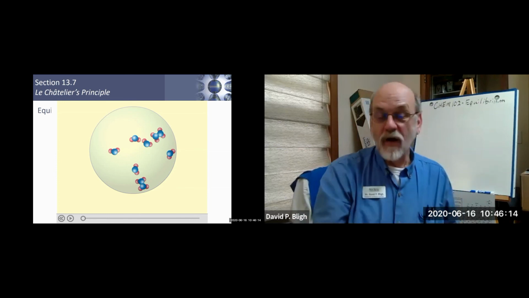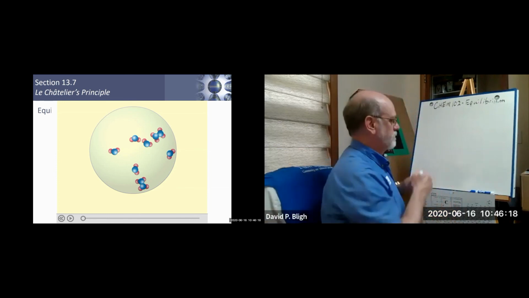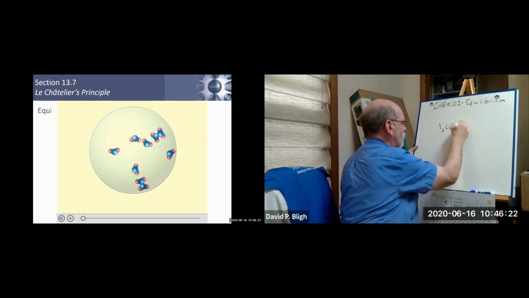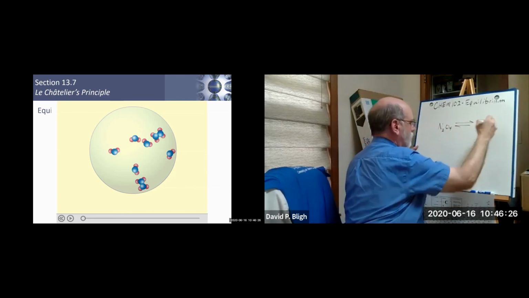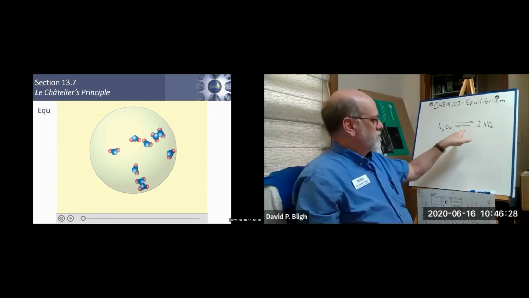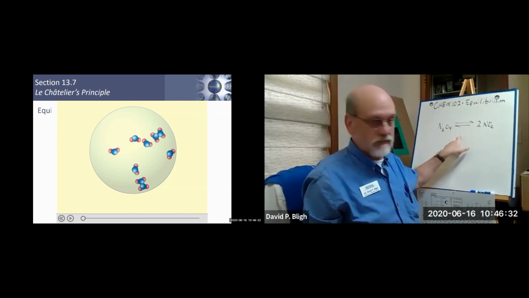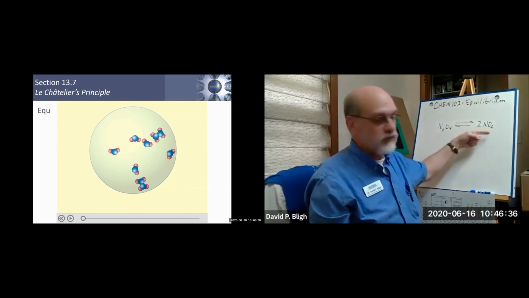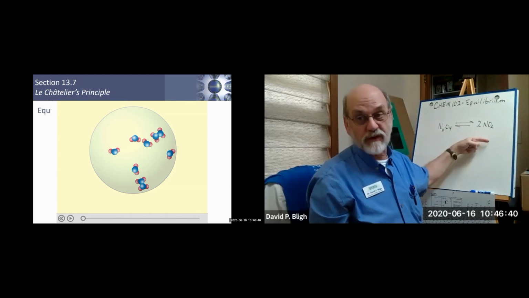Okay. So what type of reaction is that? If we add energy to this system in the form of heat, and it produces more product, is it exothermic or endothermic?